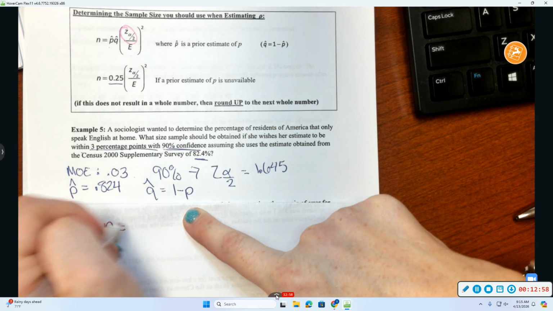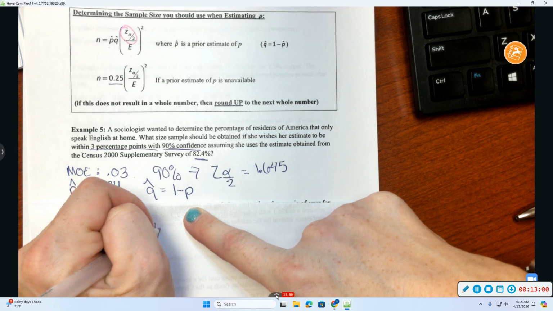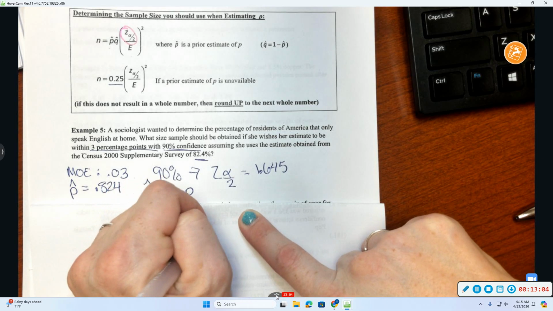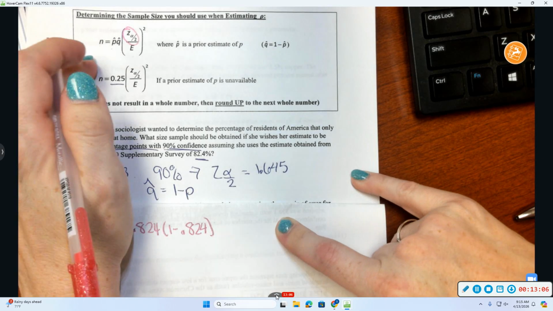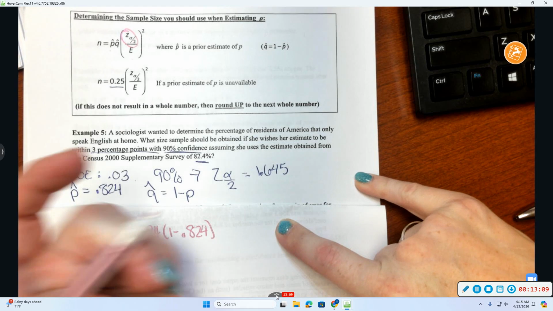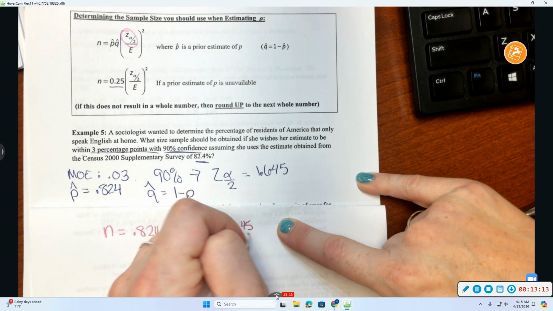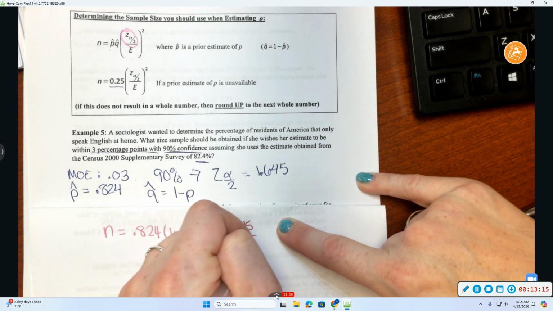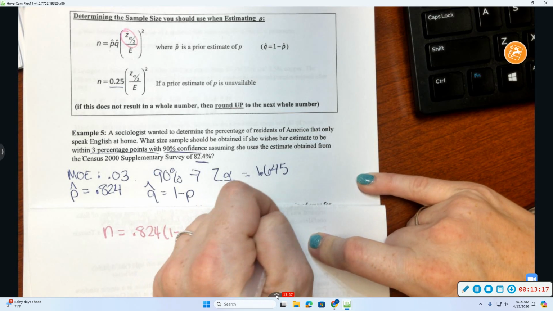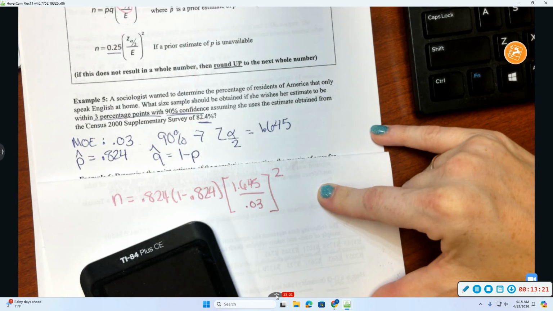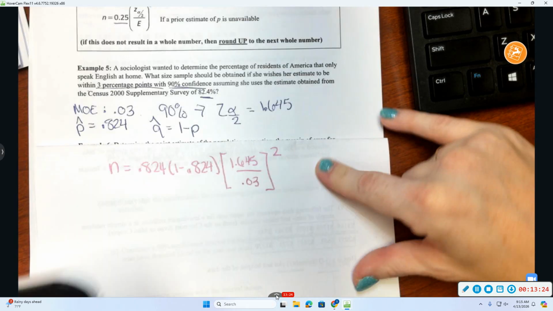N equals 0.824 times 1 minus 0.824, times 1.645 divided by 0.03, squared. I'm plugging directly into this formula here. That's what it should be.